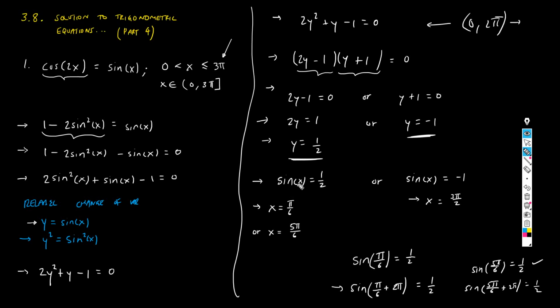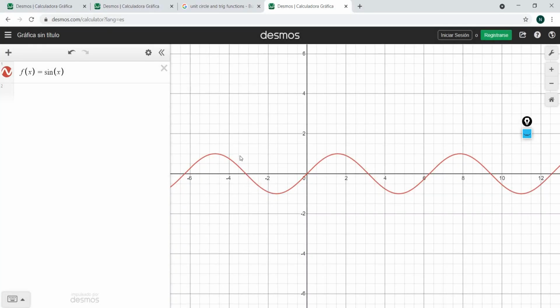For what value of the variable x do I have that sine of x equals 1/2? So 1/2, I mean, this is 2, therefore this is 1, and therefore this is 1/2. So we have 1/2 in here. For what value? For 0.5.